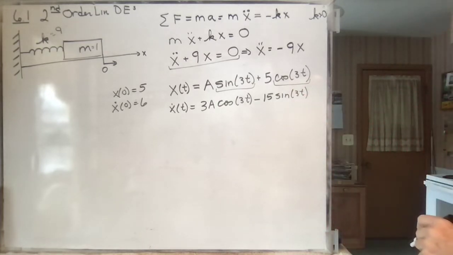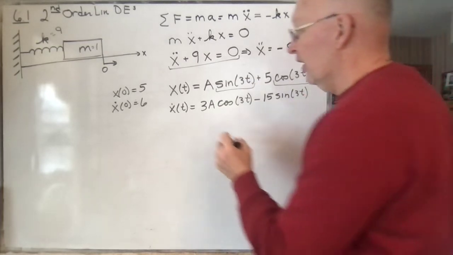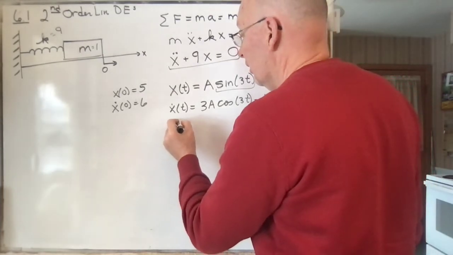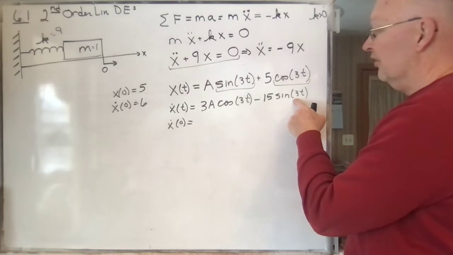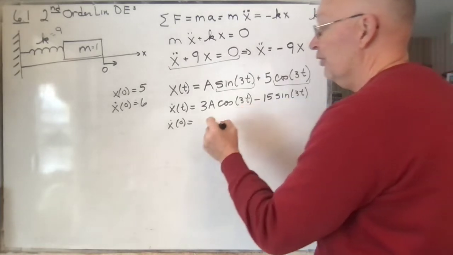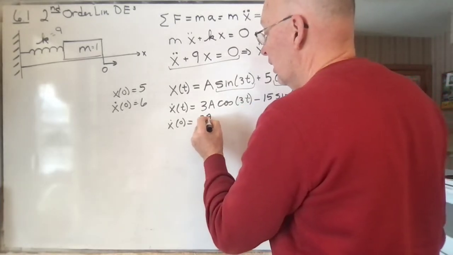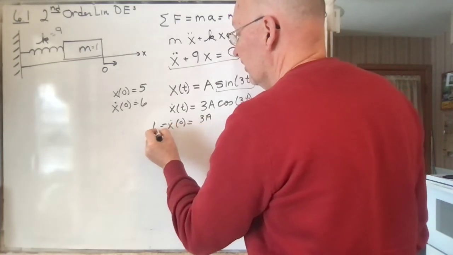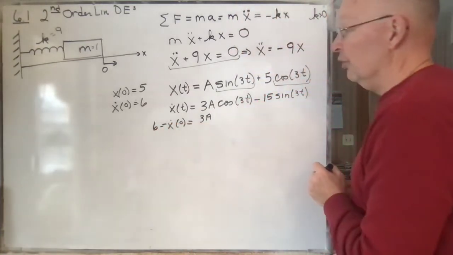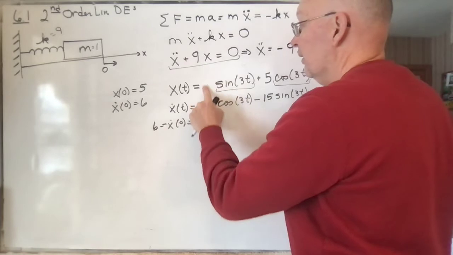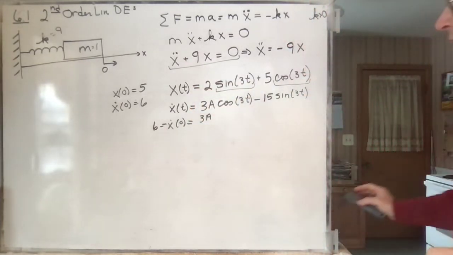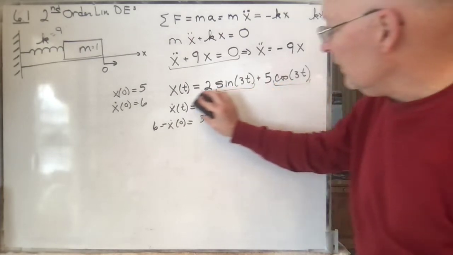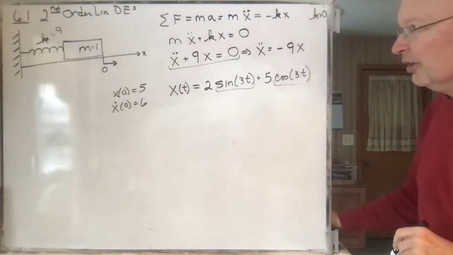And so that's the derivative, and we know that when I stick in a 0 there, this is going to be 0, this is going to be 1, so you're just going to get 3a, and that is equal to 6, which means that a is equal to 2. Again, for sake of space, I'm going to go ahead and just put that in there. Okay? So, there's our solution.